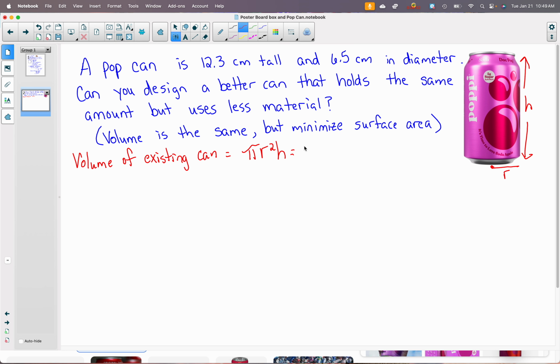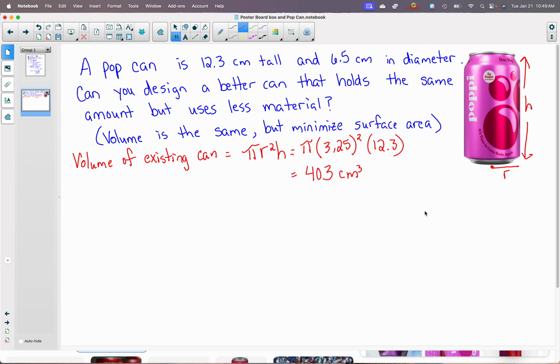So we would have pi r squared. If the diameter was 6.5, then the radius is 3.25, and times the height, which is 12.3. So I get approximately 403 centimeters cubed.